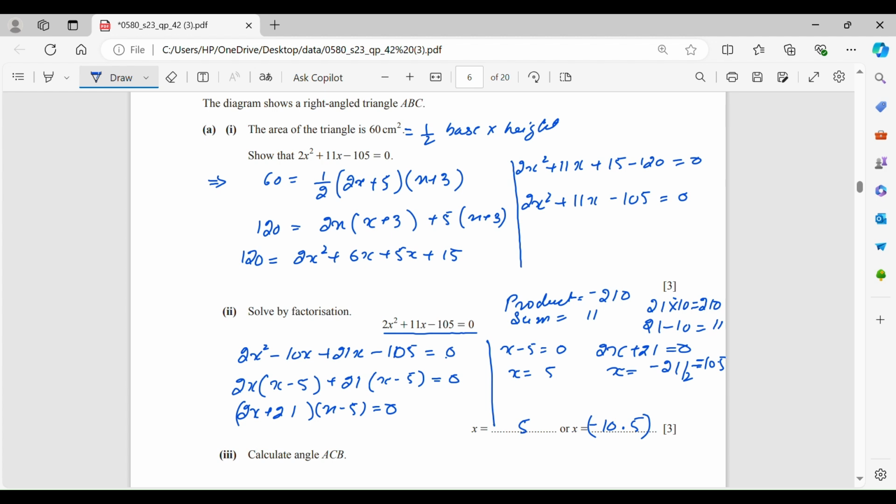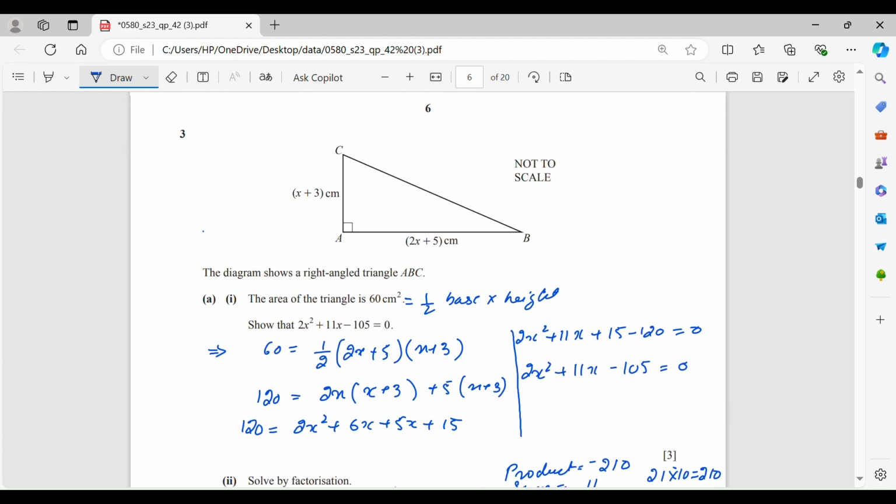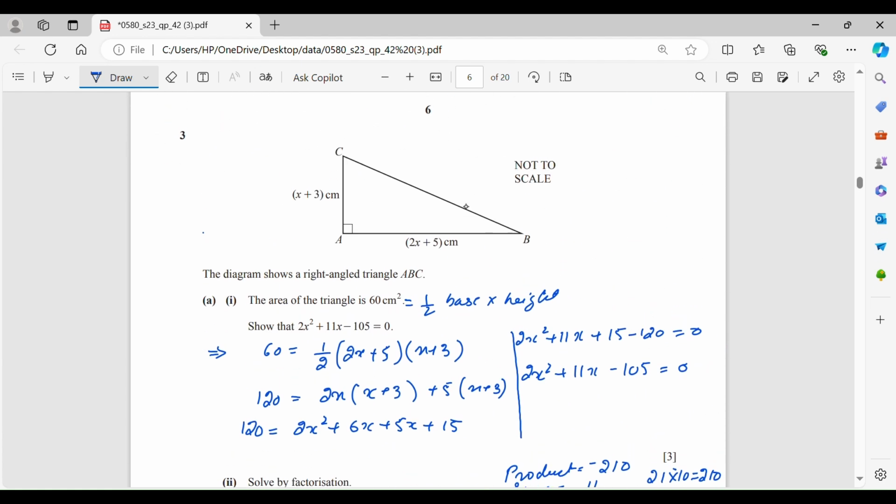Next is calculate angle ACB. So we need to find this angle ACB, so let's find their lengths. We have to ignore the negative value of x because length cannot be negative. So x is 5. This will be 5 plus 3, which is equal to 8, and this will be 2 into 5 plus 5, 10, 15.